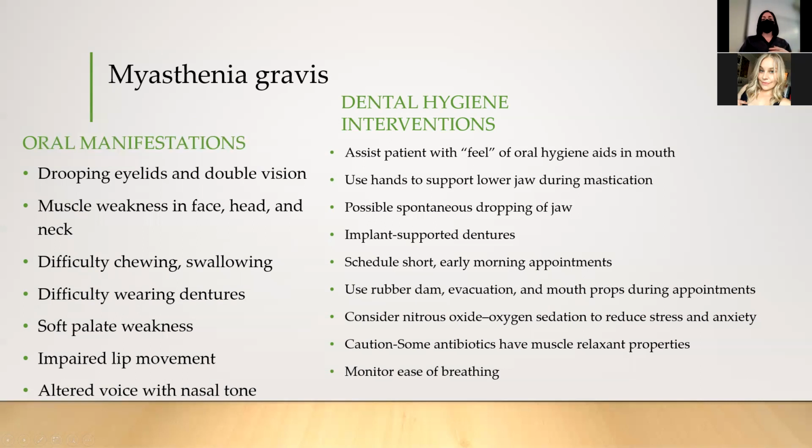So myasthenia gravis is a chronic autoimmune disease that affects the neuromuscular system, representing a decrease in acetylcholine receptors in muscle fibers, resulting in progressively not as good communication between those synapses. And so therefore you get a lot of skeletal muscle abnormalities.